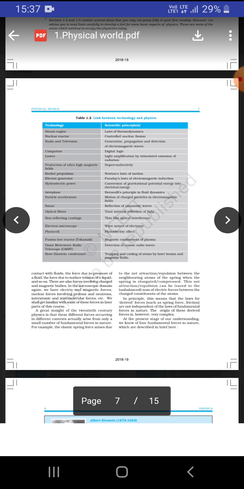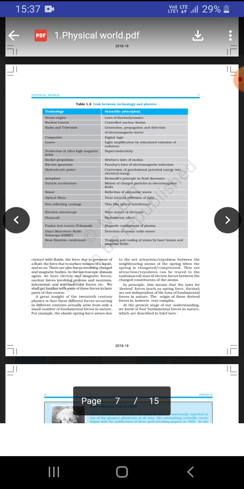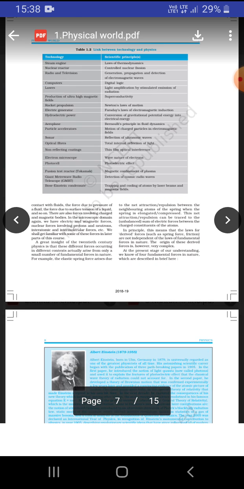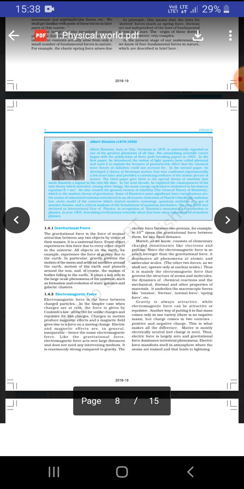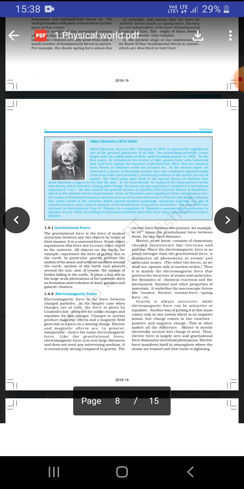Some of them are the electric force between charges, and the law it runs on is derived. There are some fundamental forces, and there are some independent forces, which run within their surroundings, or their rules. So here you can see we are seeing about Albert Einstein.